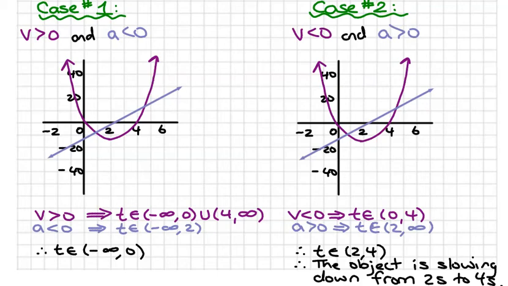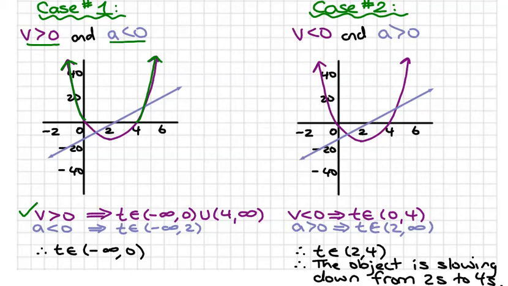In case number 1, I'm looking for when is the velocity greater than 0? So when is the velocity positive? The velocity graph is a darker purple, and so it looks like it has positive y values here and here, which I've stated right here. T belongs to negative infinity to 0, and then from 4 to infinity.